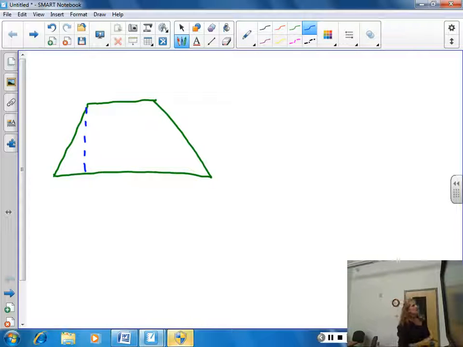So let's say this was somebody's tract of land, and they had 1,005 yards on this side. It's a big piece of land. But the top up here is 983 yards.